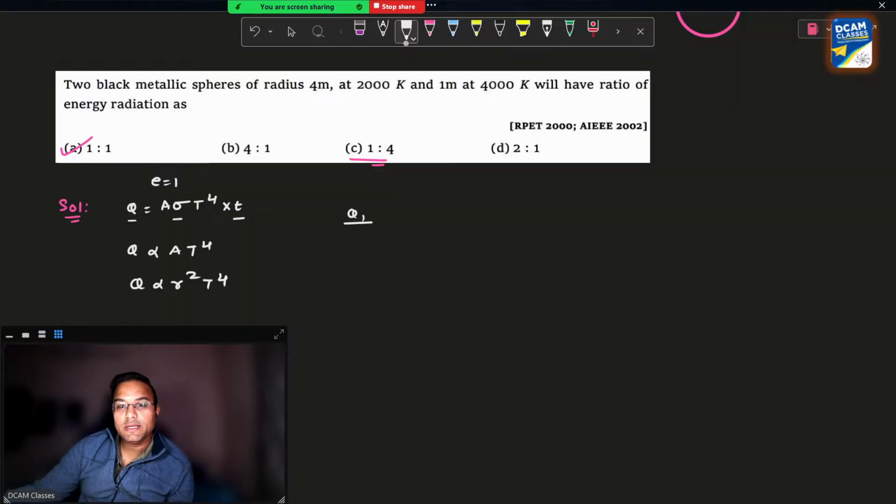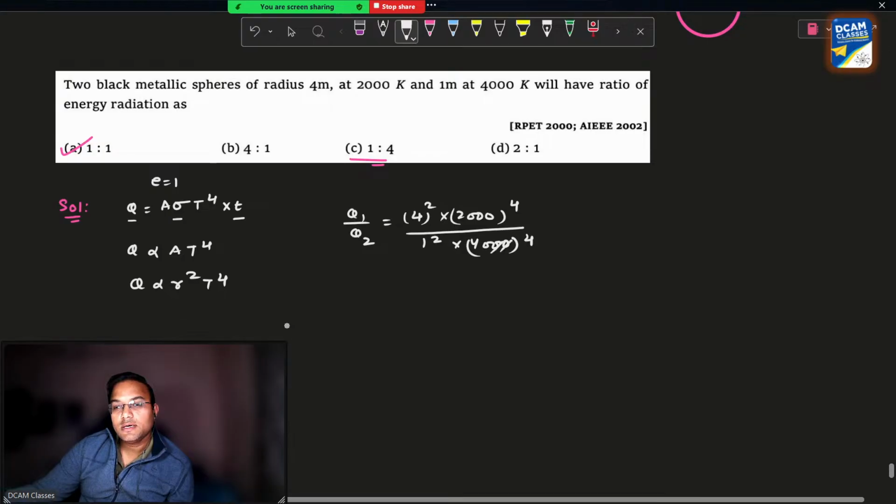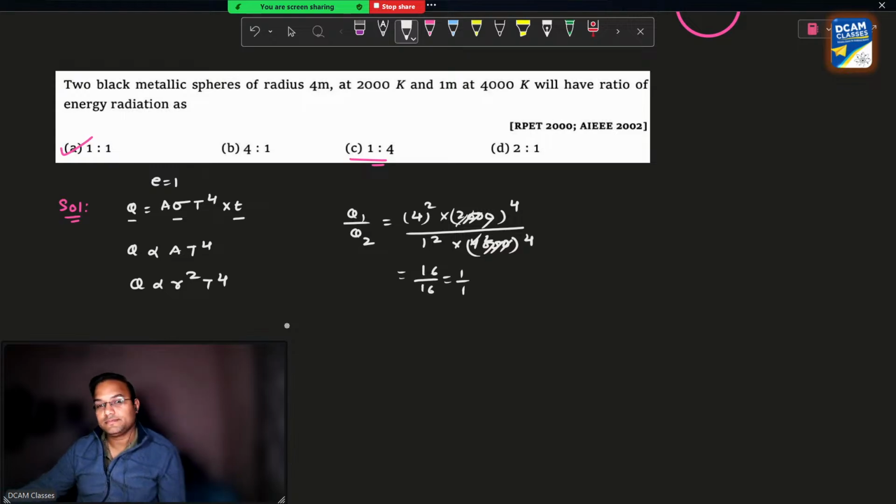So Q1 by Q2 will be equal to 4 square into 2000 whole power 4, over 1 square into 4000 power 4. The zeros I'll cancel. 2 to the 4, 16. 16 by 16 is 1:1.